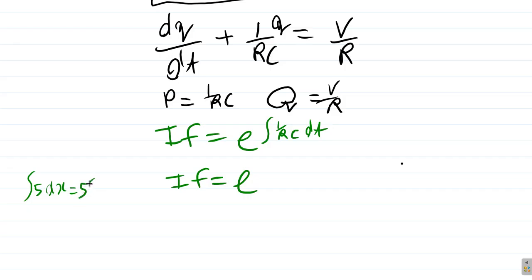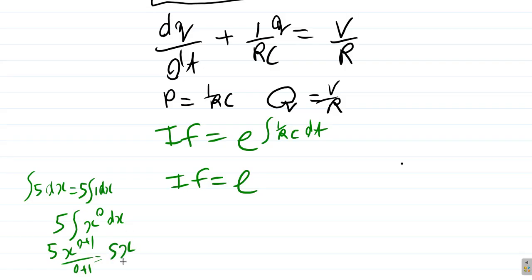It's like 5 times the integral of 1 dx, so 5 times the integral of x to the 0 dx. Just to recall, that's 5 x to the 0 plus 1 over 0 plus 1, which is 5x to the 1 over 1, which is just 5x.